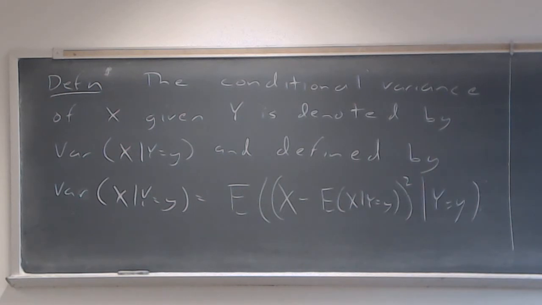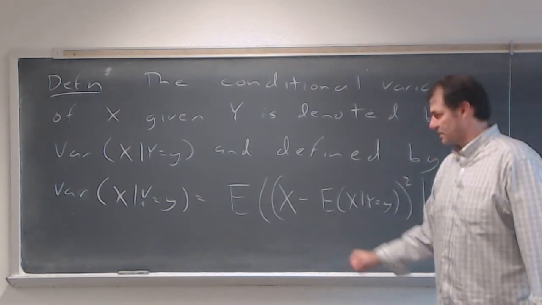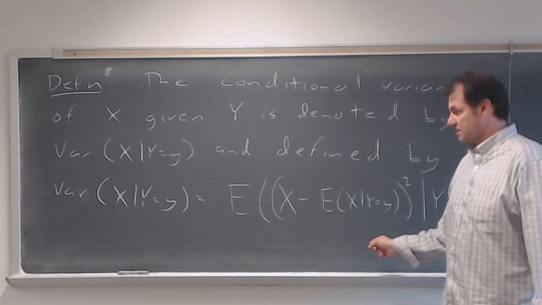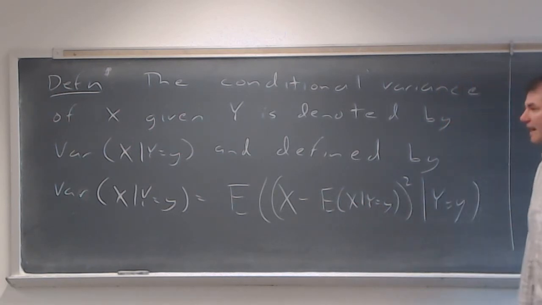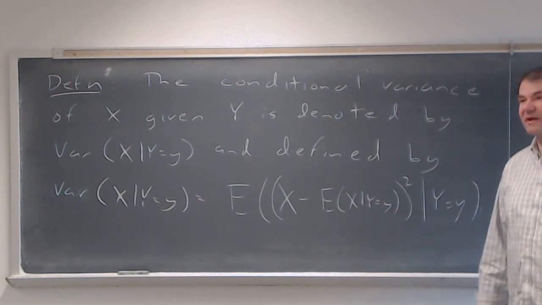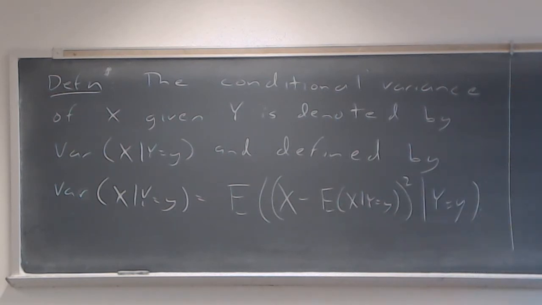And we're going to have a fact. The next thing I'm going to write down is a fact that is analogous to the fact about the variance of x. Let me write it down.